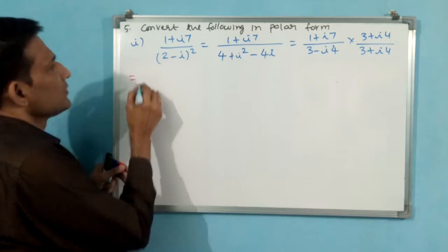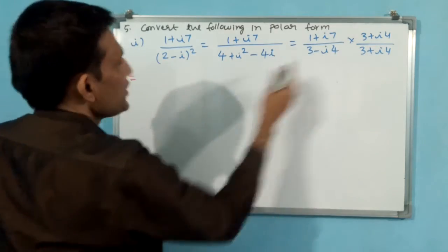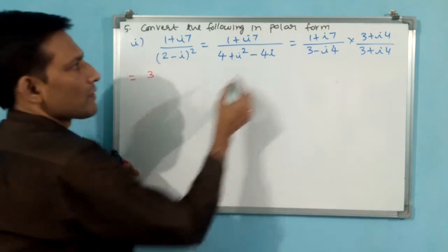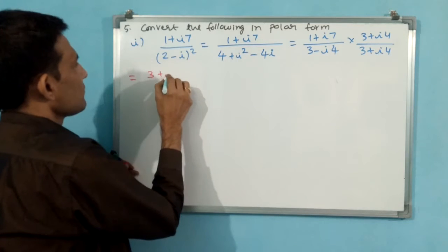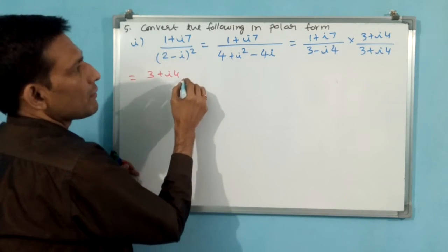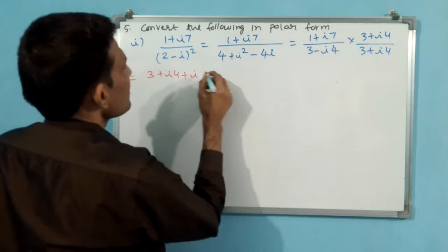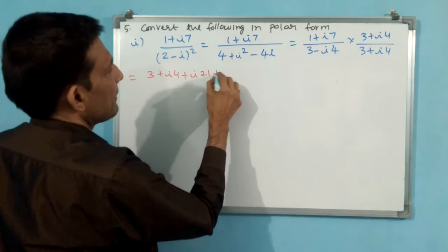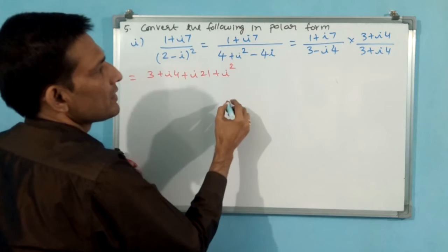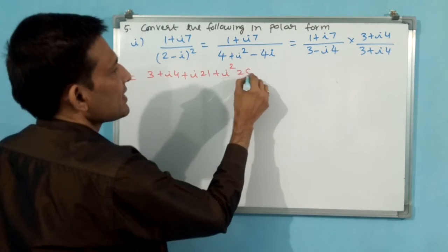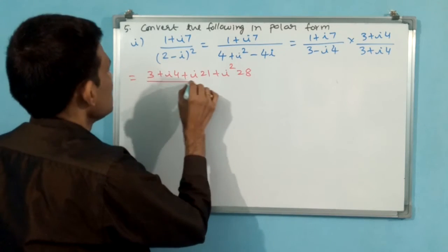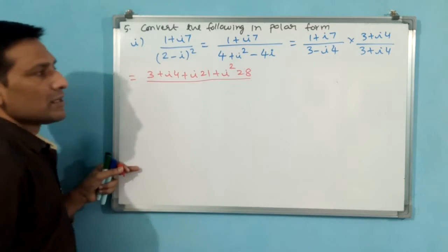Now you multiply. 1 into 3, 3. 1 into 4, plus 4i. Plus i, 7 into 3, 21. Plus i square, 7 into 4, 28. This will be the story for numerator.